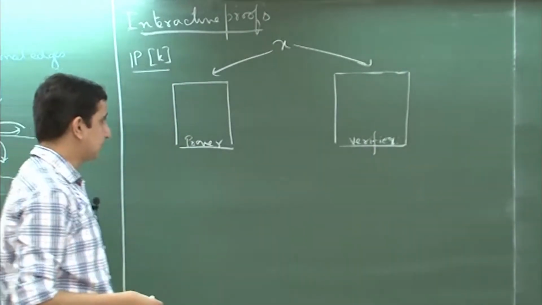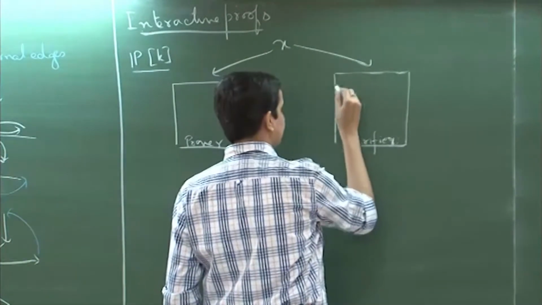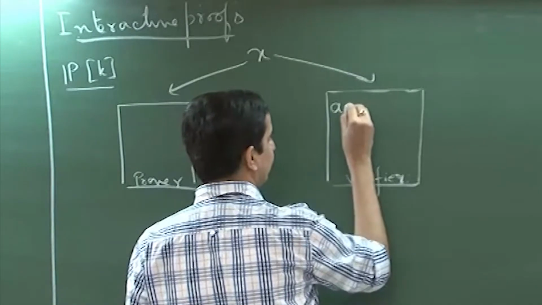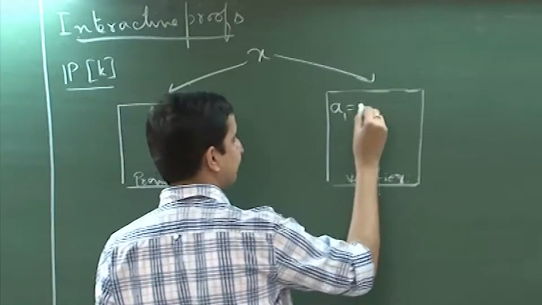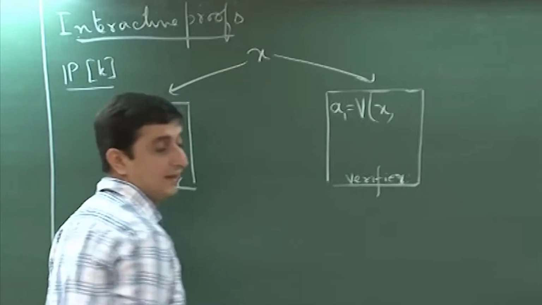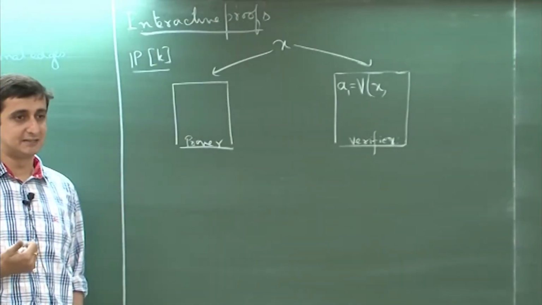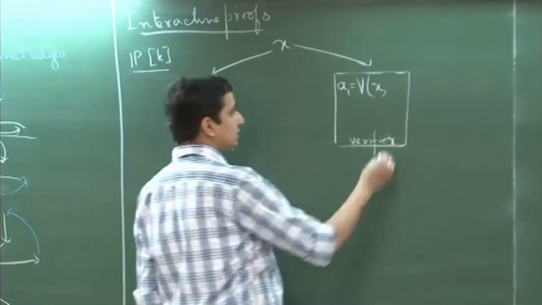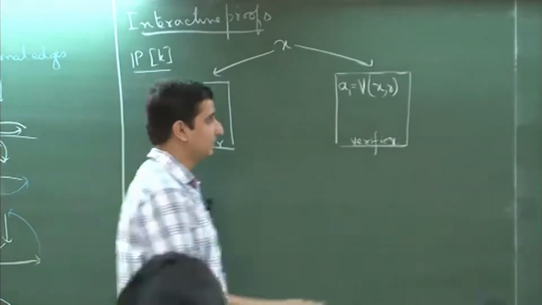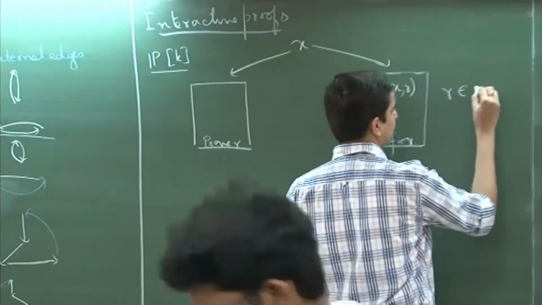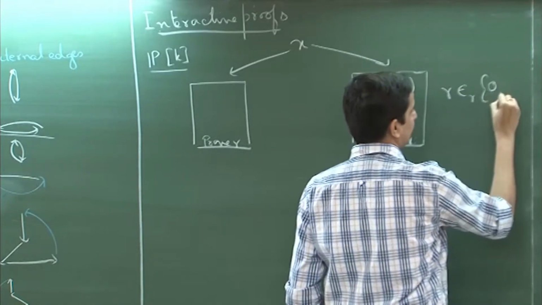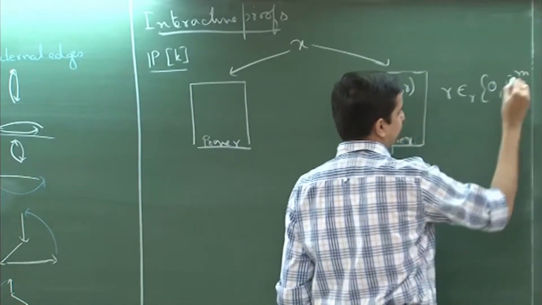The verifier computes the string A1, which is V of x, and we also allow the verifier to be probabilistic, so it can toss coins. We denote that by some random string r, chosen randomly, of length, let us say, m.